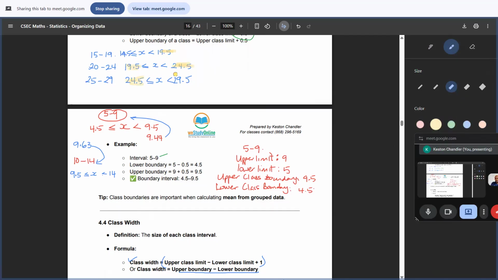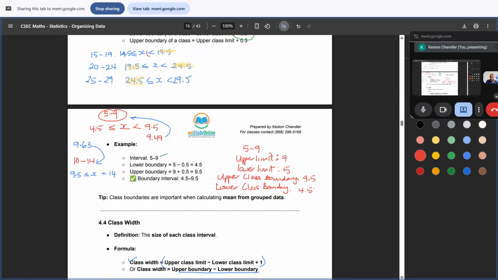Although it is repeating, I want you to pay attention to the inequality sign that we see in here. This inequality sign on this side says less than 19.5. This one says equal to 19.5 or more. This says less than 24.5. This one says equal to 24.5 or more. So this is what I mean by closing the gaps: the boundaries close the gaps.